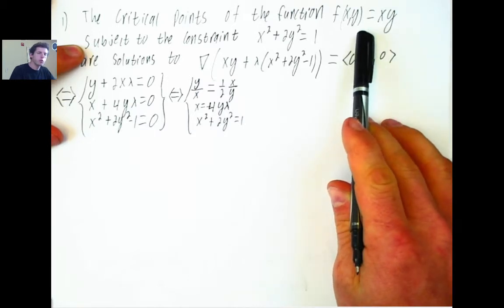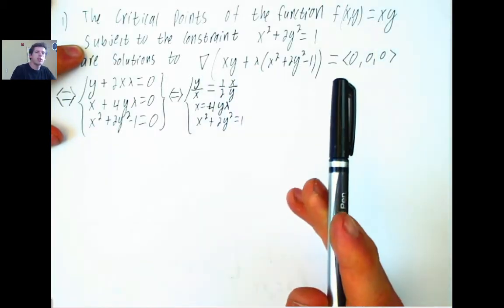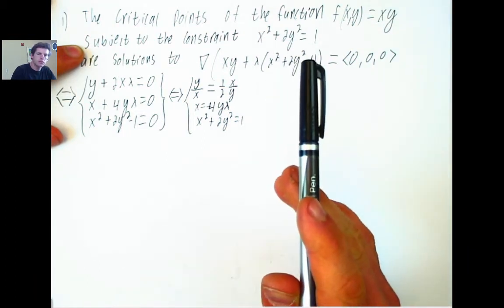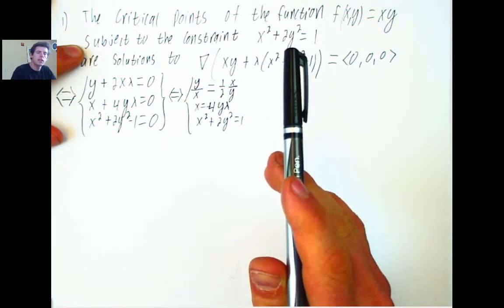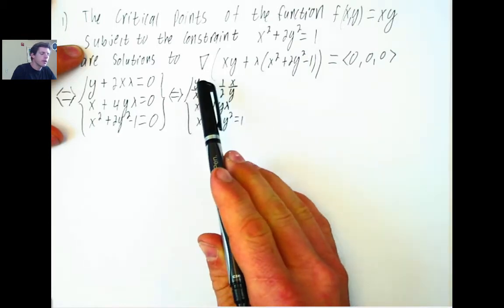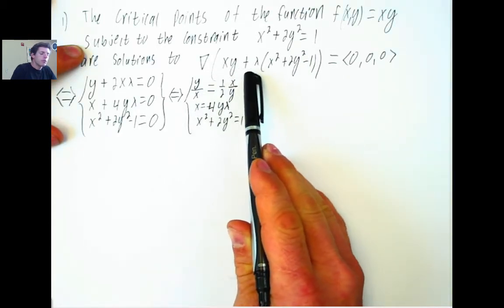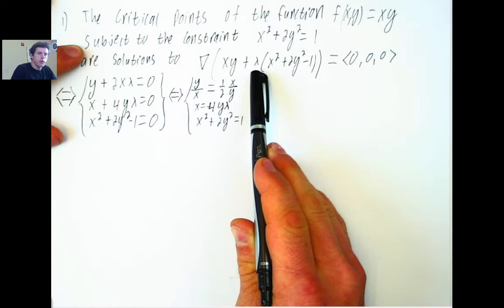The method of Lagrange multipliers says go up in the number of variables, not down. Don't use the constraint to eliminate one of the variables, but rather add an extra variable lambda, called the Lagrange multiplier.